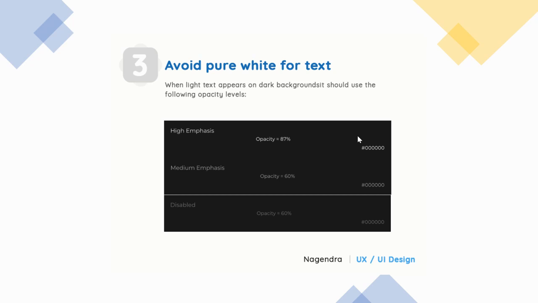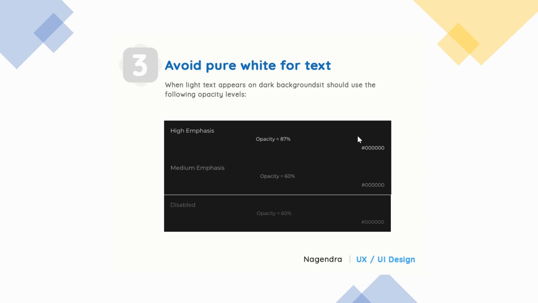The default on color for a dark theme is pure white, but the white color code is FFFFFF. It is a very bright color and it usually vibrates against the dark background.